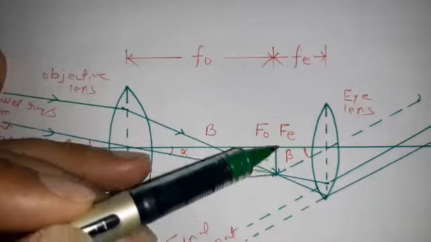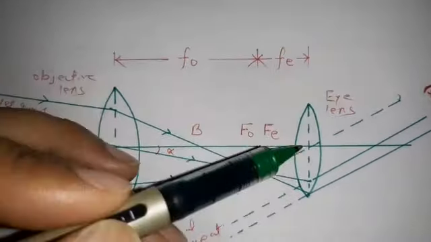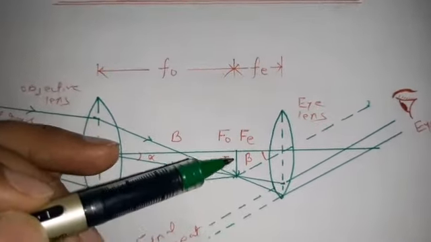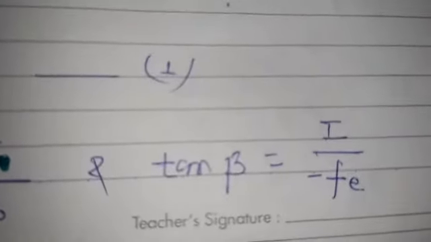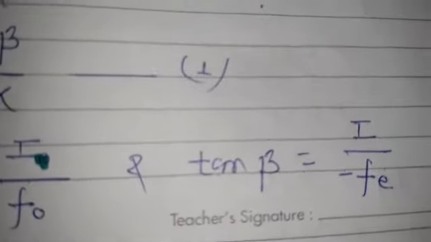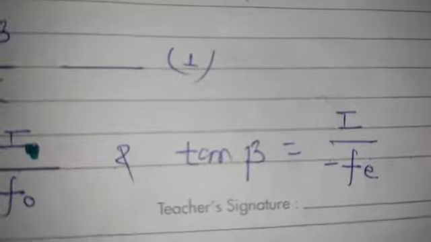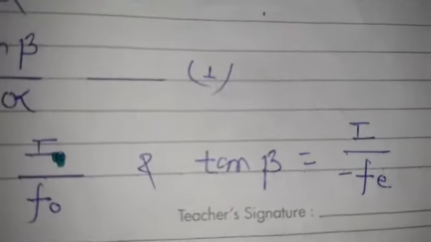The value of base is fe and the value of your perpendicular is again I. So tan beta equals I upon minus fe. Why do I take minus fe? Because it is in the opposite direction of the incident ray.